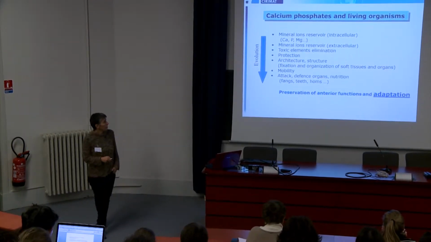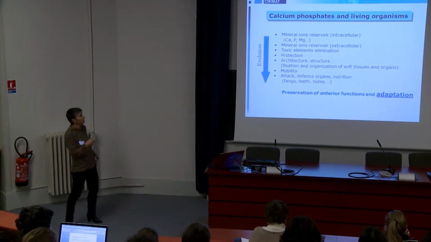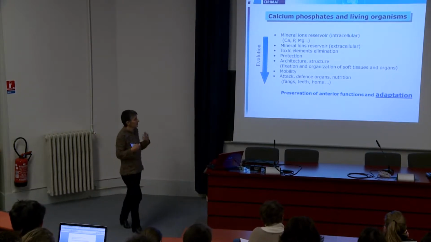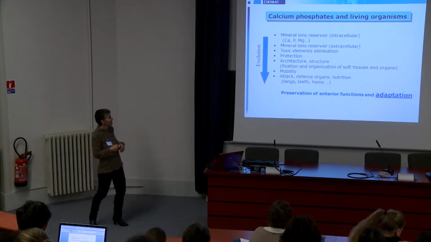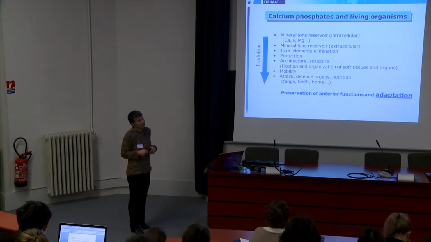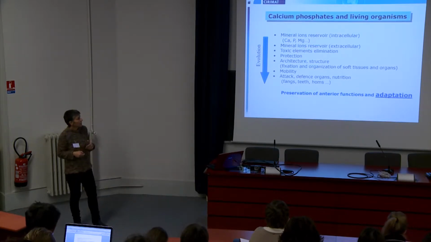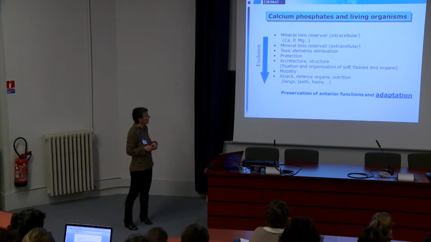If we have a look at the evolution and the function of the involvement of calcium phosphate in living organisms. So at the very beginning there were calcium and phosphate intracellularly. Then it can act as a mineral ions reservoir extracellularly.